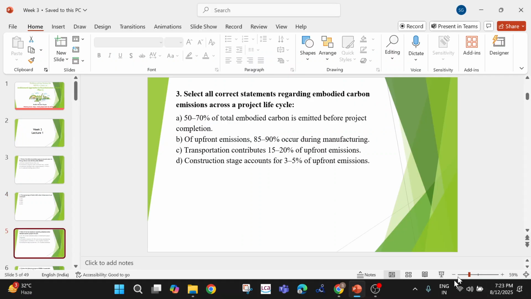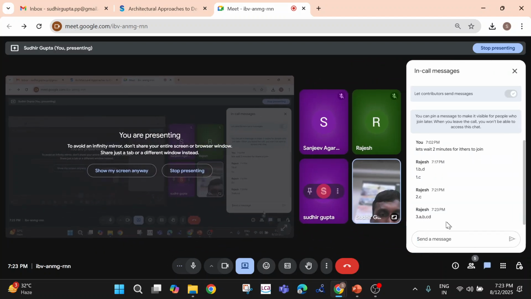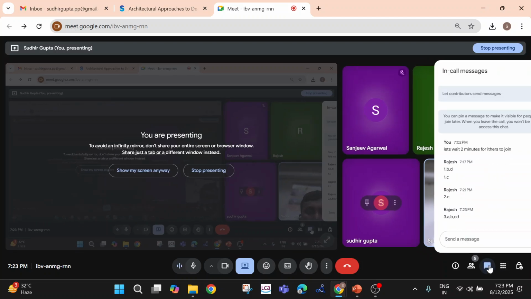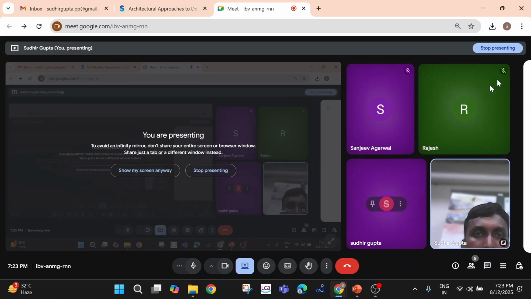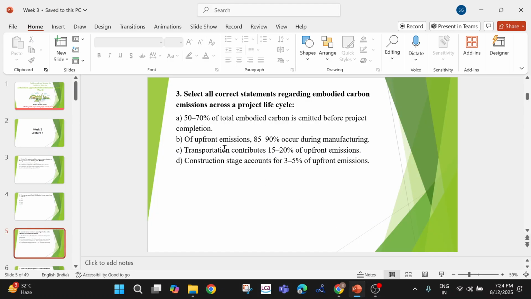Here we have the answer. A, B, C, D, all options have been marked, but all the options are not correct. You can go through slide 7 of lecture 1 of week 3, revise, and try to answer it correctly.